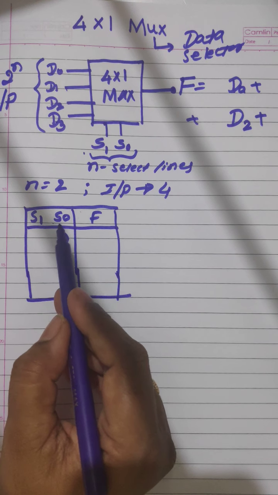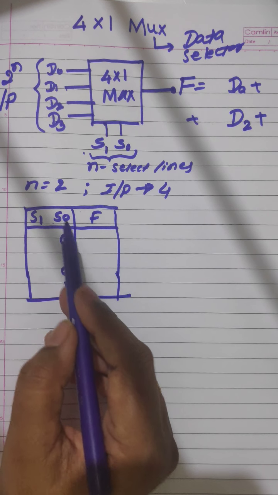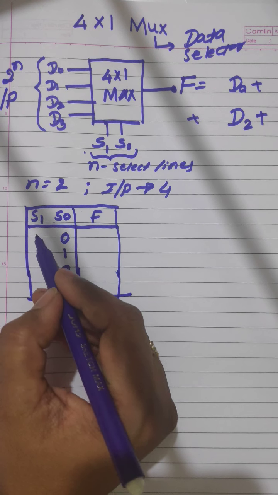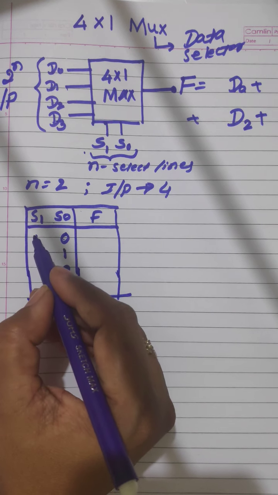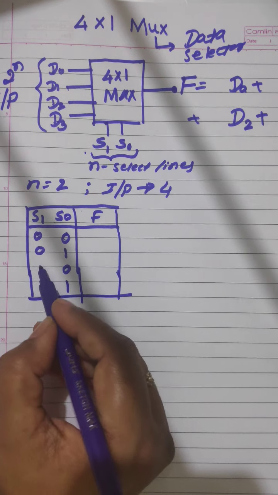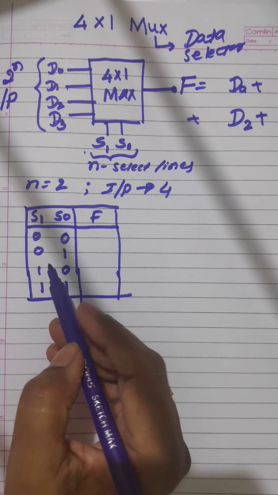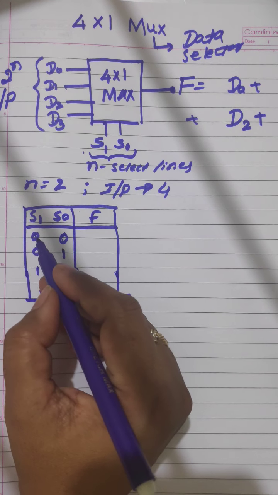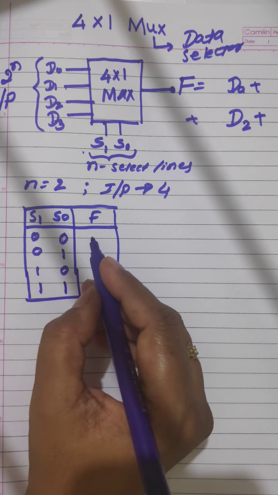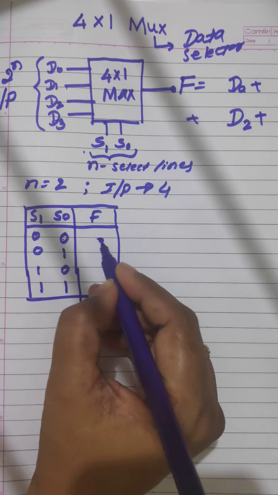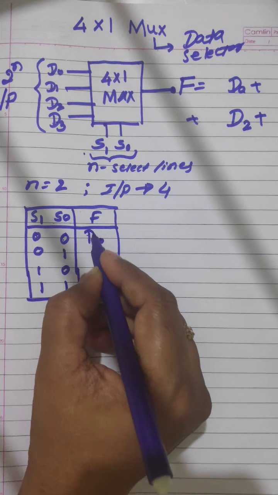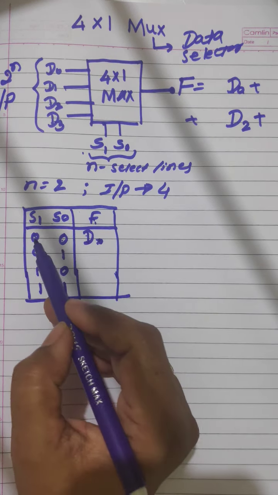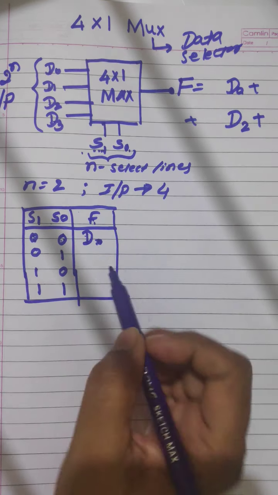The LSB select line S0 is alternately made 0, 1, 0, 1, and for the MSB S1, the most significant digit, it is twice 0, twice 1. So we have constructed 4 different combinations of the inputs. Now 0, 0, what is its decimal equivalent? It is 0. So D0 input will come at the output. F will be equal to D0 if S0 and S1 are set to 0.